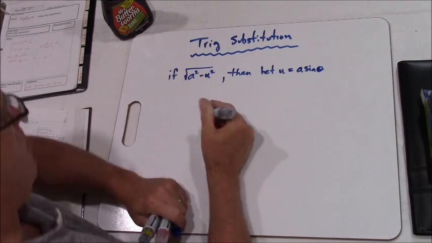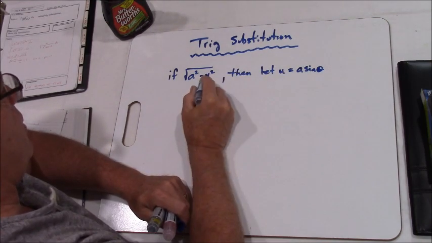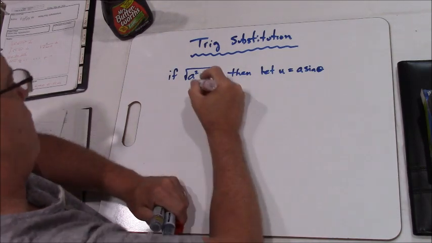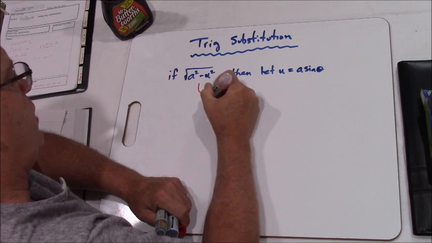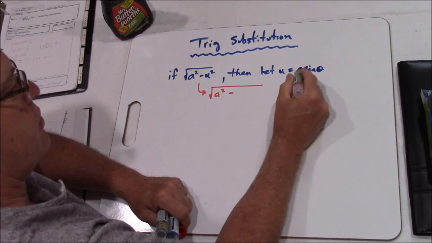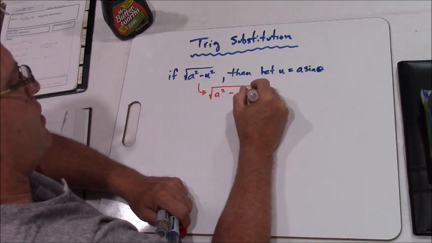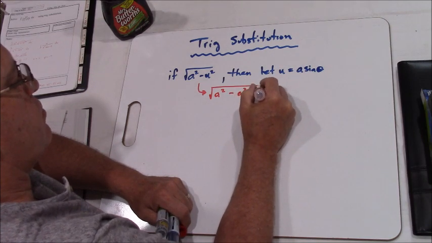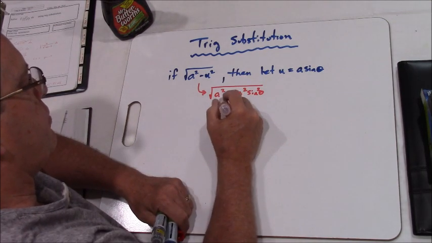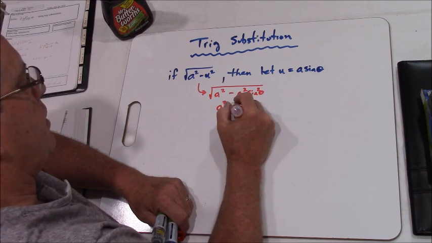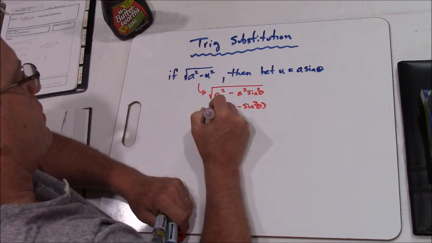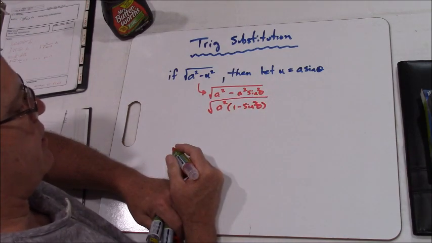And so when that happens, if I put a sine theta in place of u, then what I get is the square root of a squared minus, squaring this, a squared sine squared theta. If you factor an a squared out of each of those, you're left with 1 minus sine squared theta, and you want to take the square root of that.